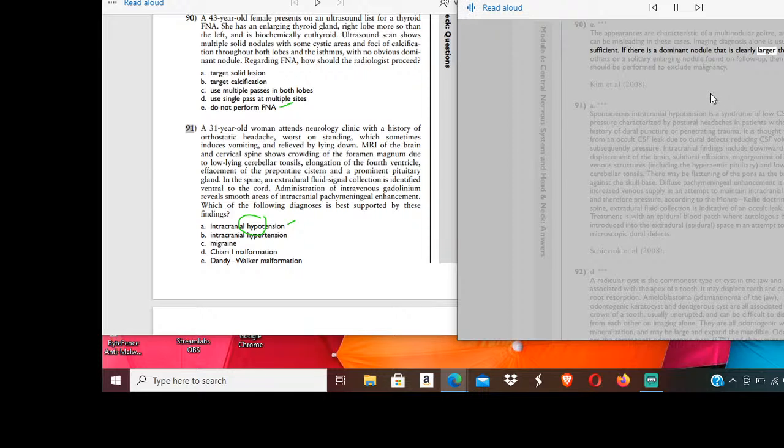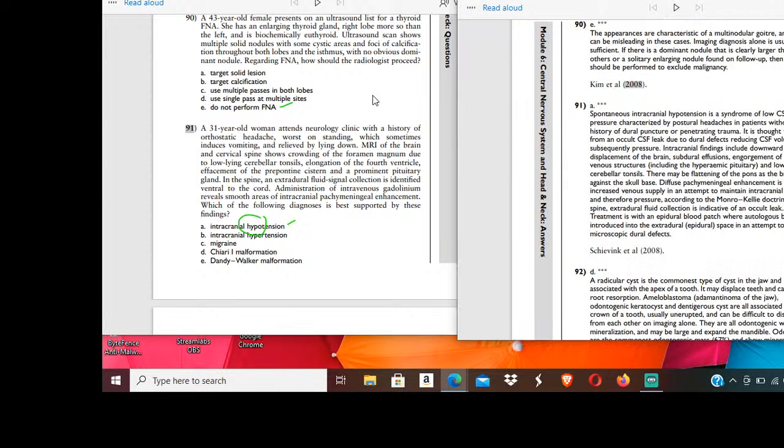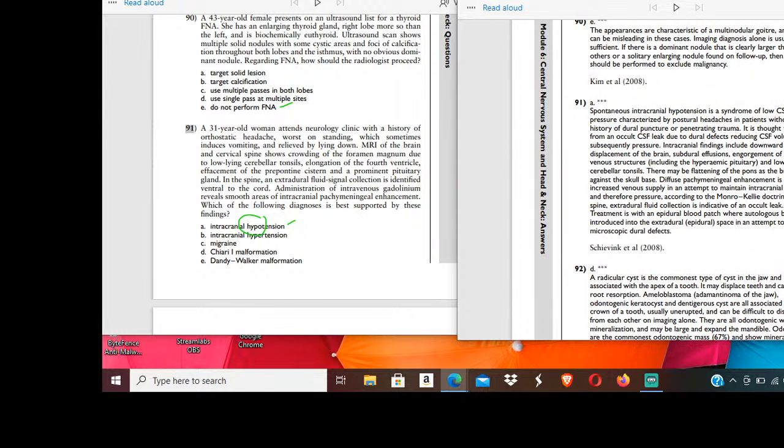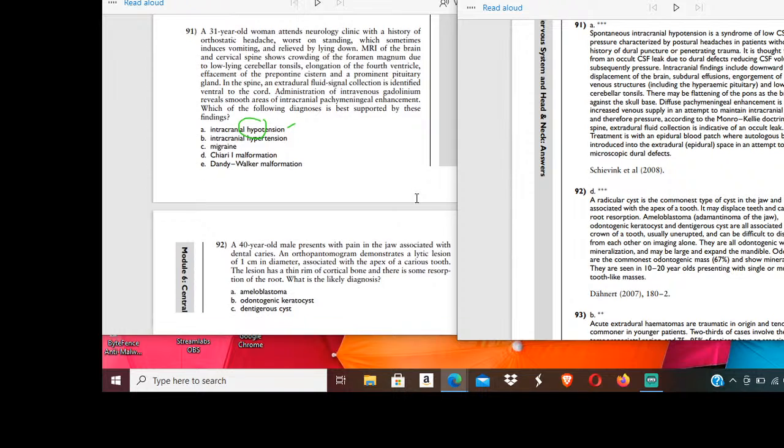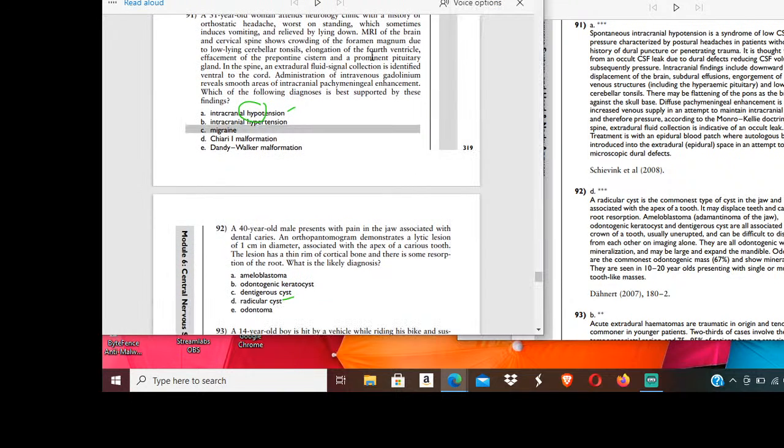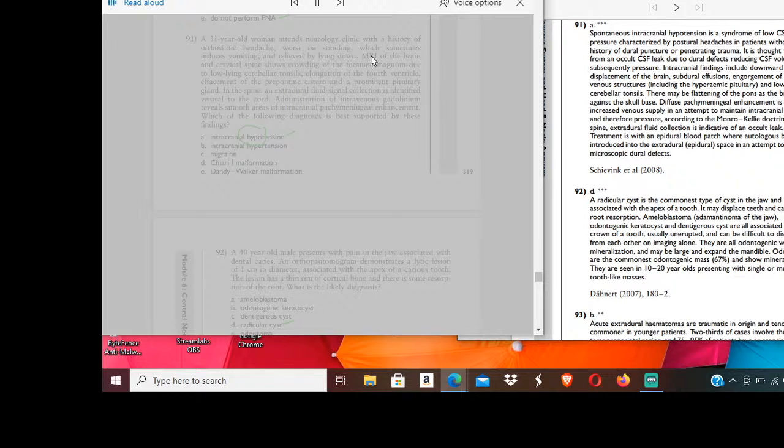If there is a dominant nodule that is clearly larger than the others or solitary enlarging nodule found on follow-up, then FNA should be performed to exclude malignancy. Kim et al. 2000. E. Do not perform FNA.